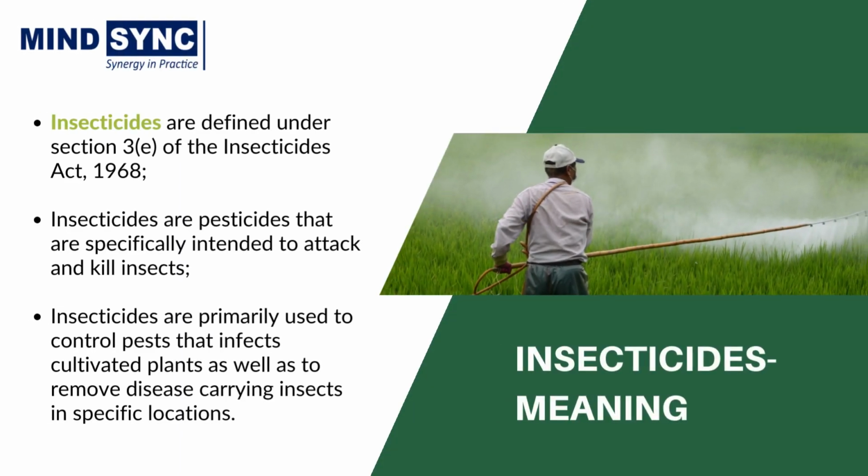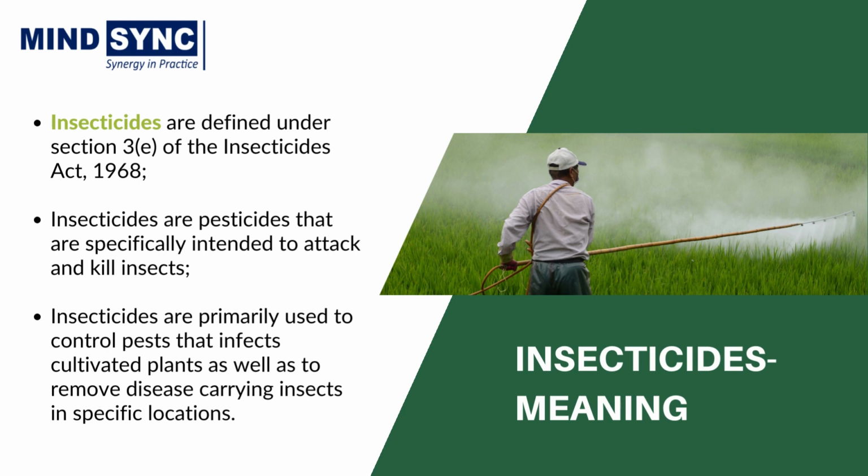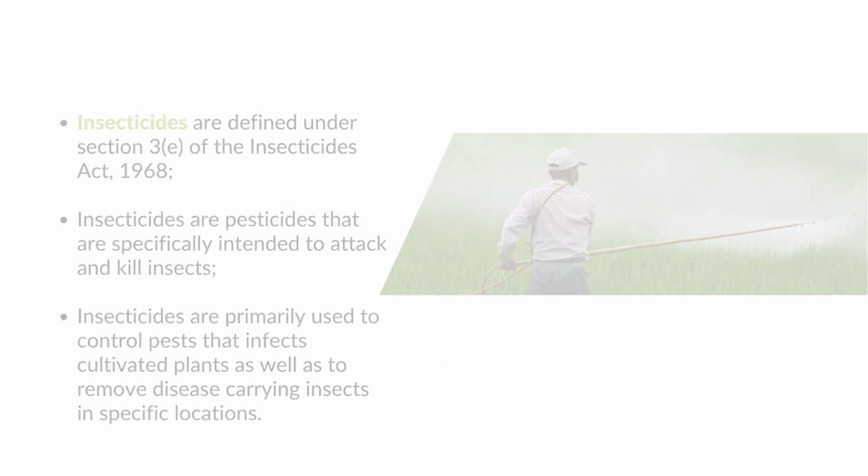Insecticides are defined under Section 3A of the Insecticides Act of 1968. Insecticides are pesticides that are designed to kill insects. Insecticides are generally used to control pests that infect cultivated plants, and to eliminate disease-carrying insects in specific locations.